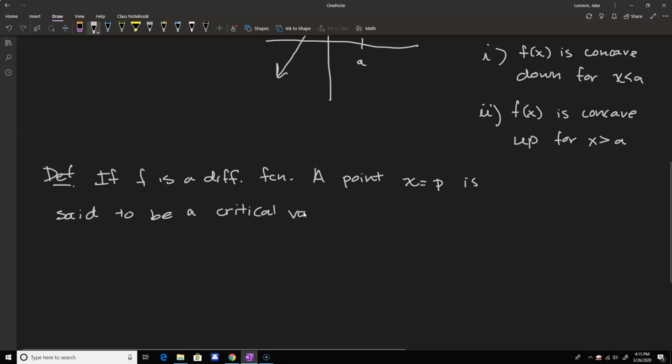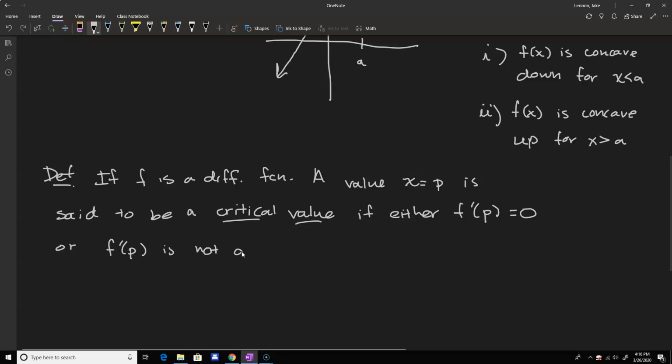We'll say critical value since it's just an x value. It's said to be a critical value if either f prime of p equals 0 or f prime of p is undefined. Most commonly for us, it's just going to be f prime of p is equal to 0. So that's going to be a critical point.